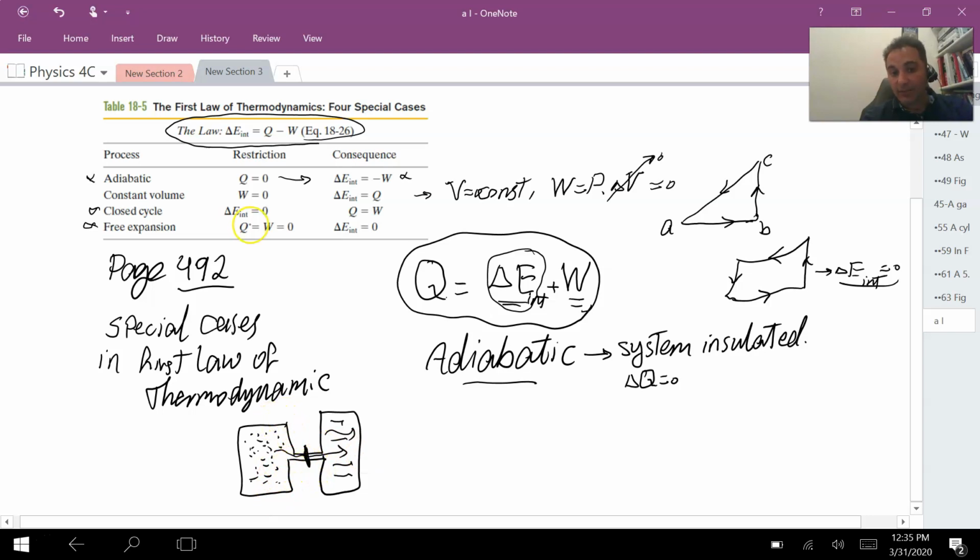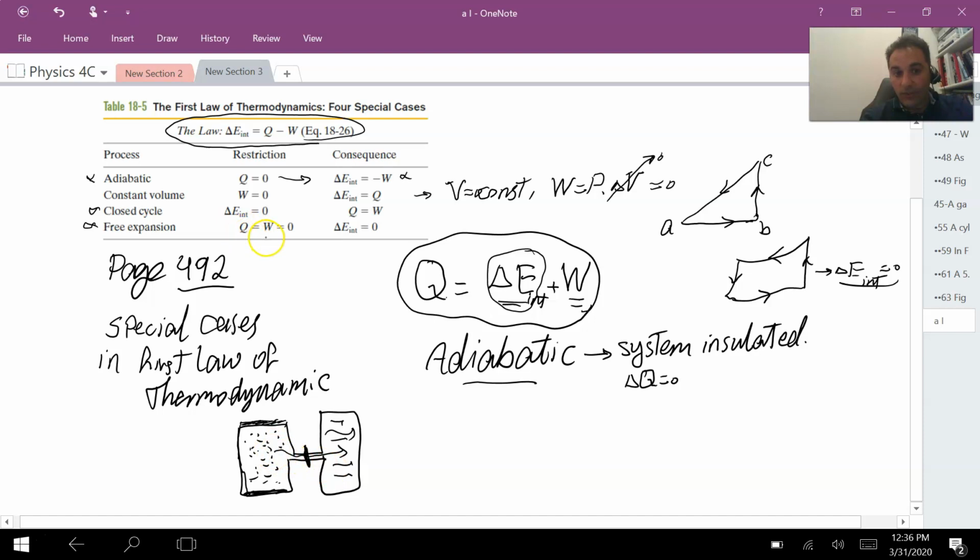In free expansion, pay attention here, it's like an adiabatic process. It is an insulated system. There is no heat exchange, and no one is doing work. The system doesn't do work. Just the volume expands.